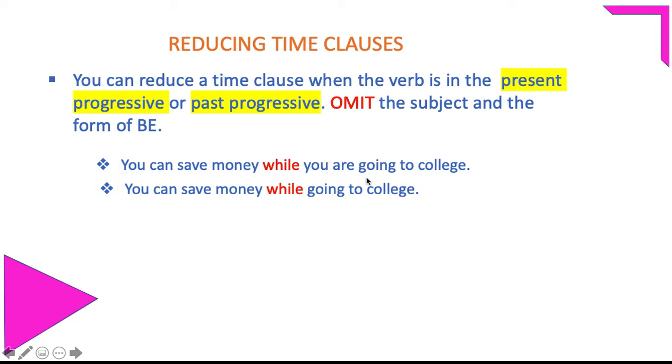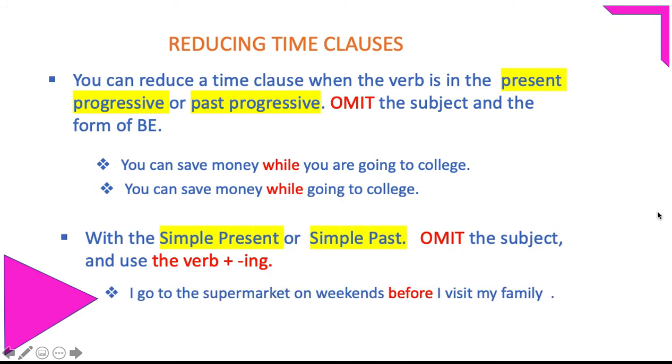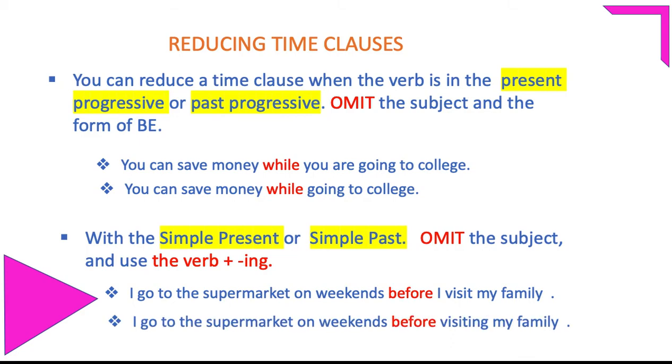And I have to focus on the verb, right? Going. So you can save money while going to college. With the simple present or simple past, we have to omit the subject and we have to use the verb plus ing. I go to the supermarket on weekends before I visit my family. So, I go to the supermarket on weekends before visiting my family. Notice that I have omitted the subject and I'm using the verb with ing.